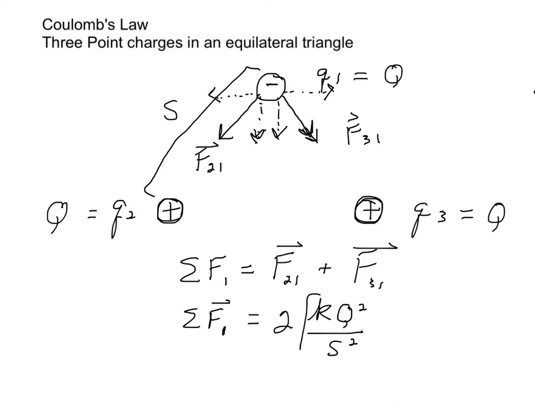That part, in brackets, is the magnitude of F2 on 1. The 2 is because we have two y components, but to get the y component, we have to take the cosine or the sine of some angle. And since I'm not going to go through this right now, you'll work it out.